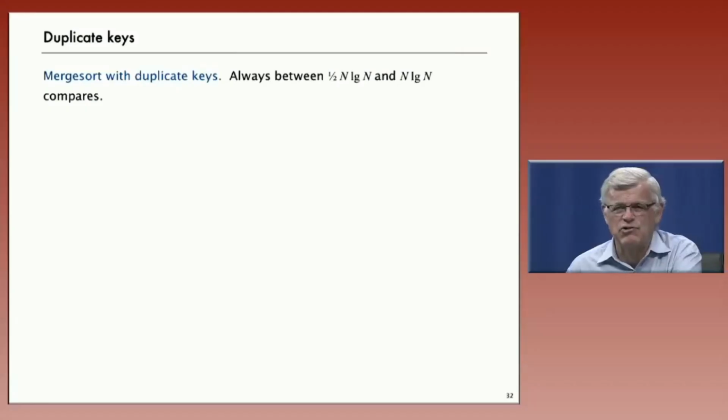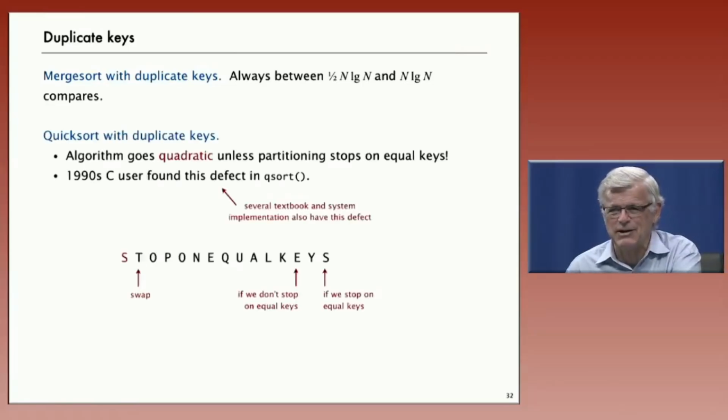Merge sort doesn't depend that much on what the key values are like. Actually, we can show that merge sort always uses between 1/2 n log n and n log n compares. Quicksort, though: up until the 1990s, the most widely used implementation took quadratic time for files with large numbers of equal keys, and it was actually found by an applications user.